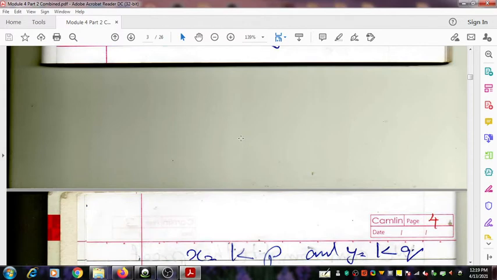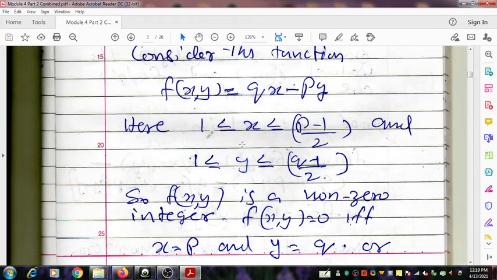So you can restate that the function value obtained is always positive or negative. It can never be equal to 0. The function value is either positive or negative, and it is also an integer value. Why?